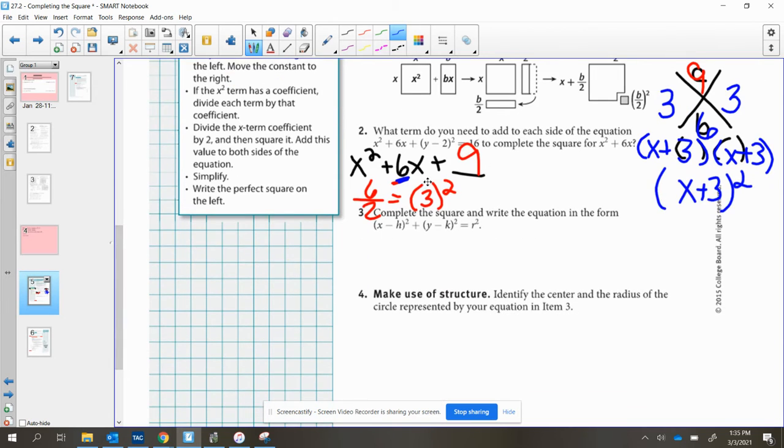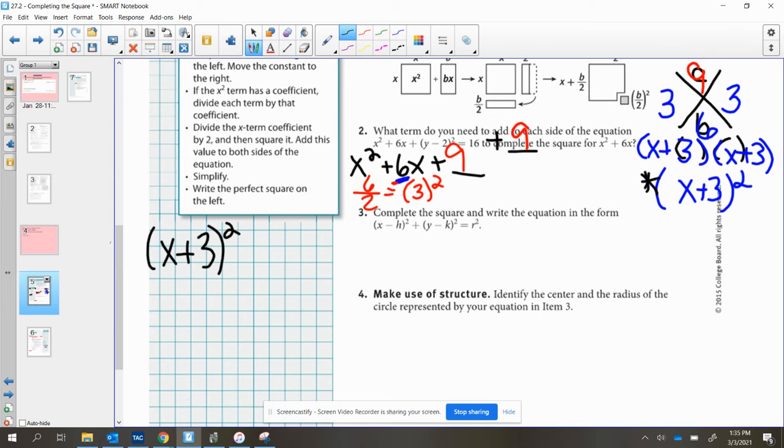Now we have this in that format, right? Now remember, this was an equation though, okay? And in an equation, whatever we added to the left, notice we added this 9, we're also going to need to add to the right-hand side with our 16. So what's basically happening right now is on the left-hand side, we have this x plus 3 quantity squared that we got when we factored. We still have this y minus 2 quantity squared that we weren't touching.